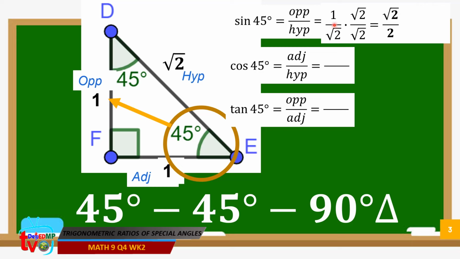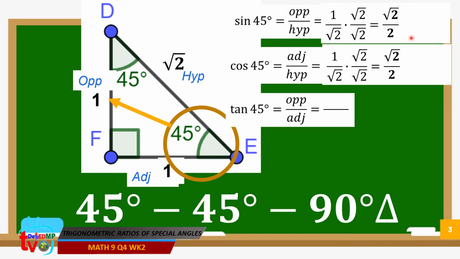So we have 1 times square root of 2 is square root of 2. And square root of 2 times square root of 2 is square root of 4, which is further simplified as 2. Therefore, sine of 45 degrees is square root of 2 over 2.